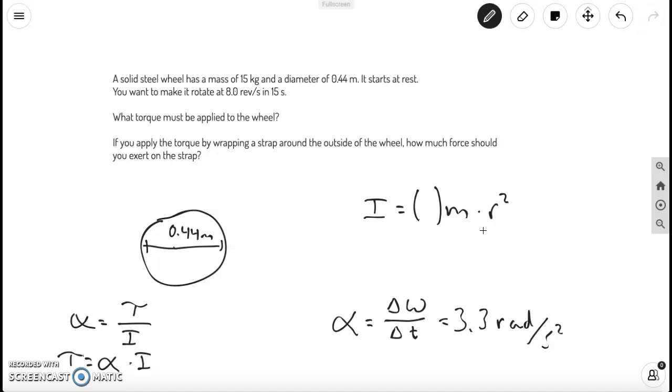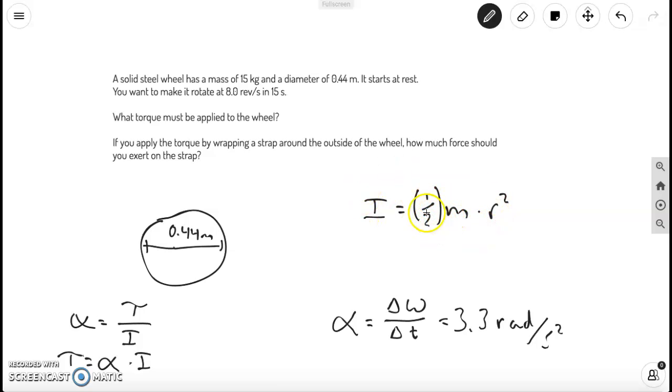So it says that it is a solid wheel. All right. So instead of a hoop like we worked with when we talked about moment of inertia before, now the weight is distributed across the wheel. So a solid cylinder would be the shape that we're working with. And the equation for that is I equals 1/2 mr squared.